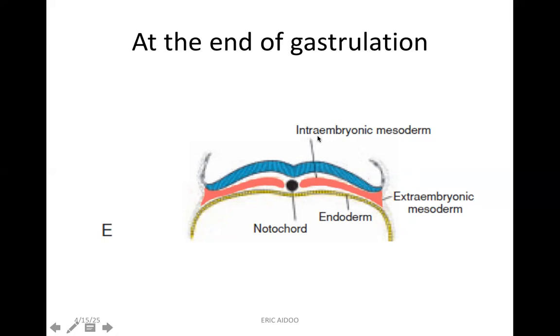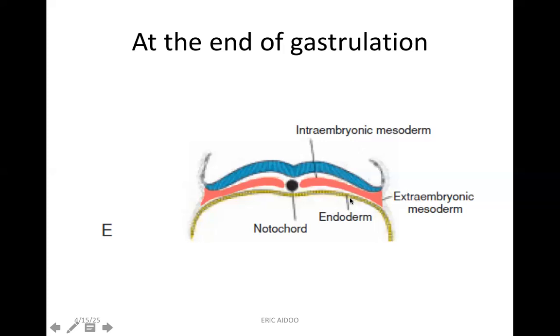So if you want to differentiate between those cells that were formed in week 2 as against those of week 3, we mention them by giving the prefix intra-embryonic. So intra-embryonic mesoderm instead of just saying mesoderm, so that you can differentiate it from extra-embryonic mesoderm.